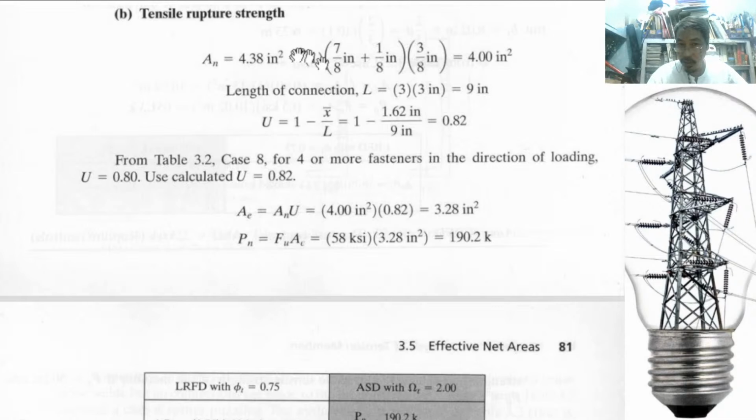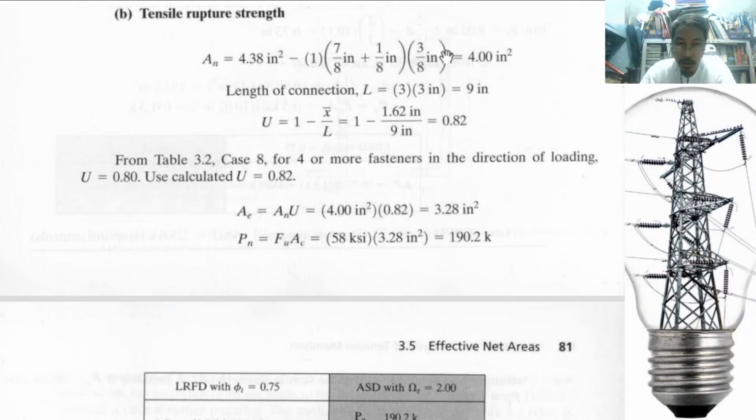That's why we are going to subtract 1. Okay, that is the reason. Okay, take note. It's very important to understand this thing. Okay, and then bolt hole, bolt diameter plus allowance. So bolt hole, and then multiply by thickness. So it is given. The given angular section is 6 by 6 by 3/8, meaning this is the thickness, 3/8.